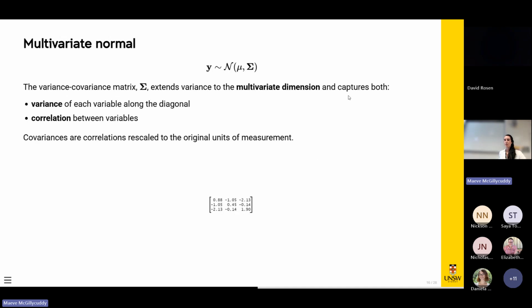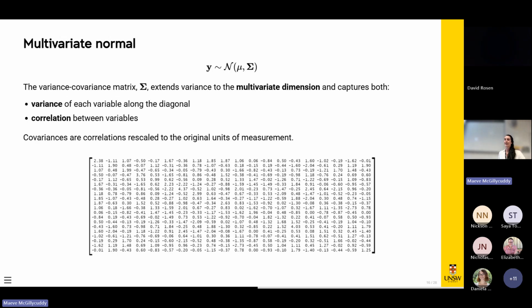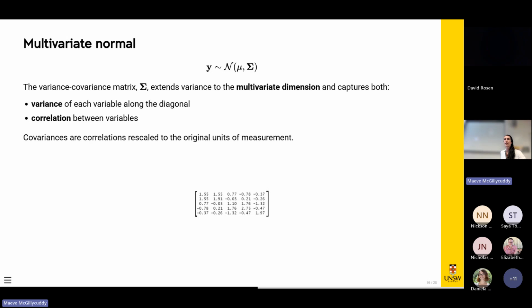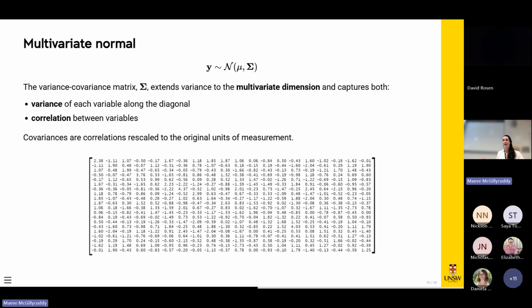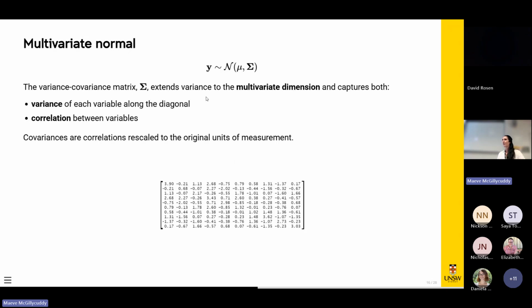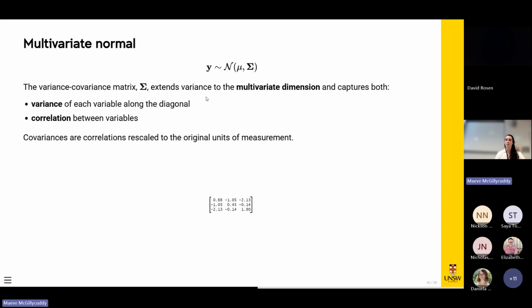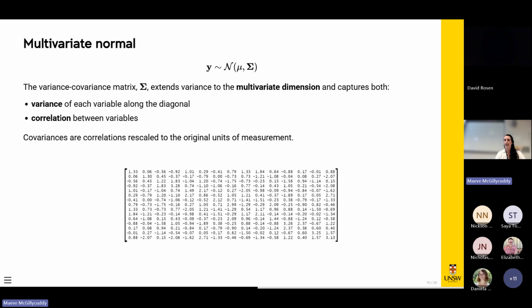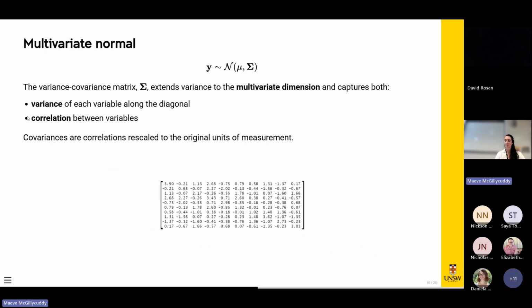So what is multivariate normal? Well, multivariate normal extends the normal distribution so that we have now a vector of means, and we have a variance covariance matrix, sigma. And what is a variance covariance matrix? Well, it extends the variance to multivariate dimension, which captures both the variance of each variable along the diagonal, but also the pairwise correlation between each of these variables. So this is how we account for the correlation between our responses.